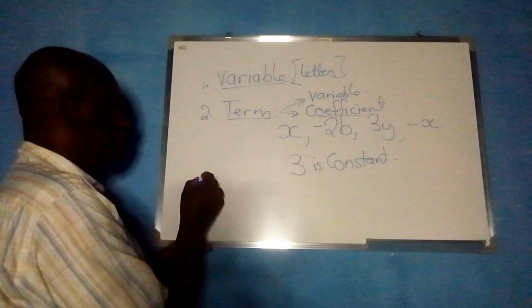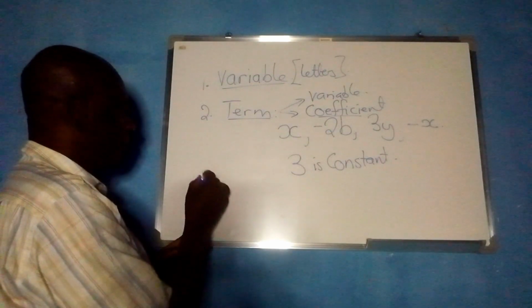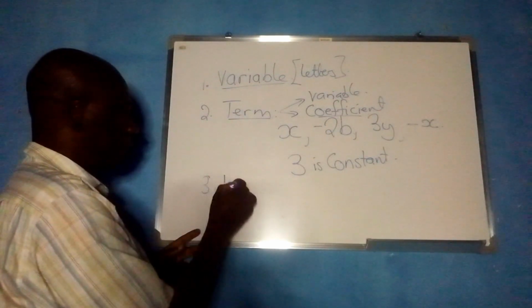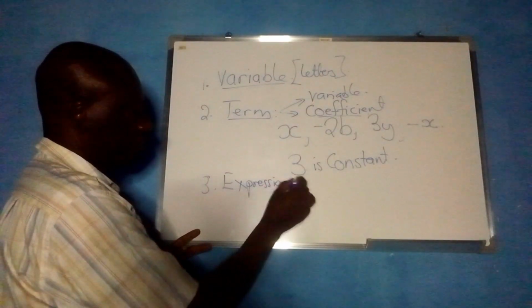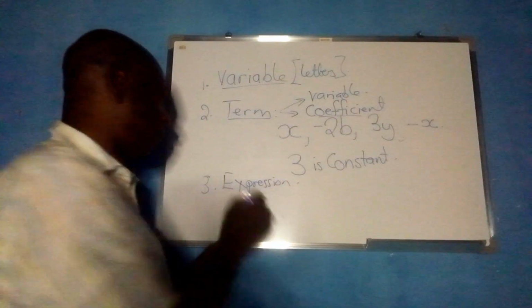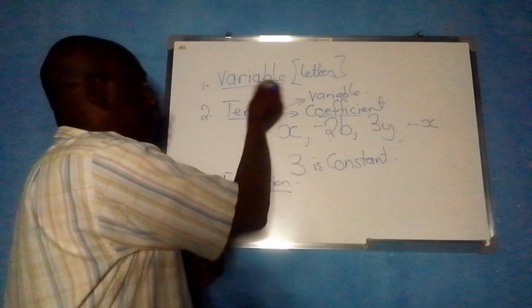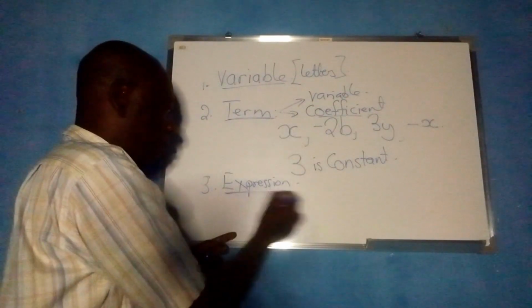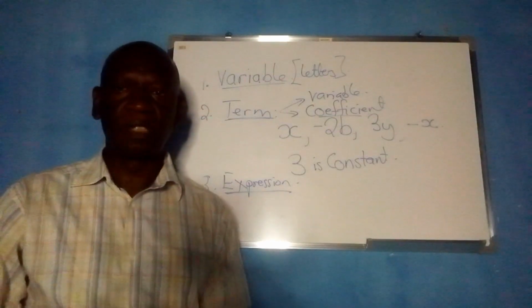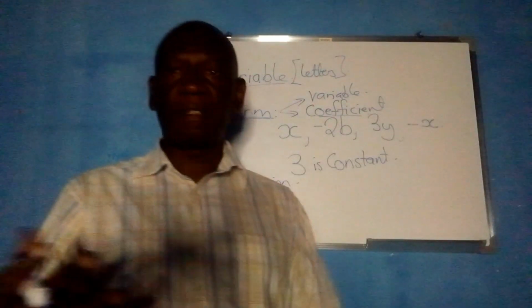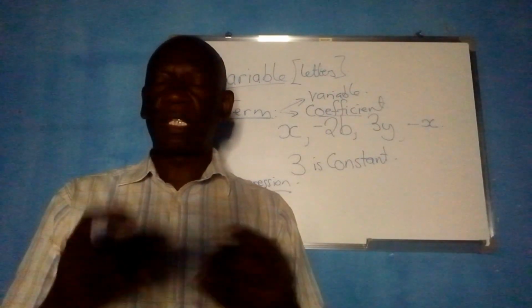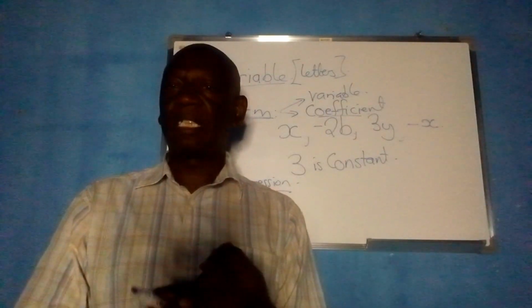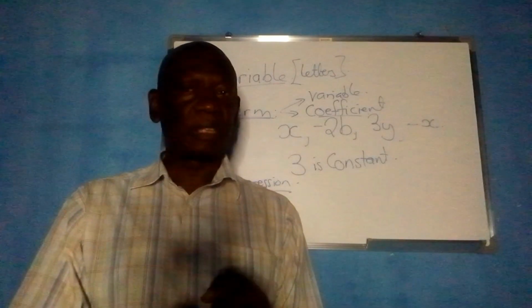Then, the third one is what we call an expression. So, there is a variable, there is a term. Now we're talking about an expression. An expression is a combination when you combine terms with the addition sign or the subtraction sign.